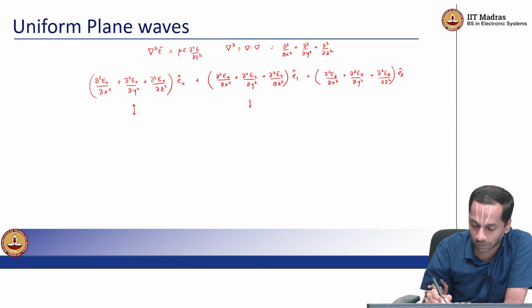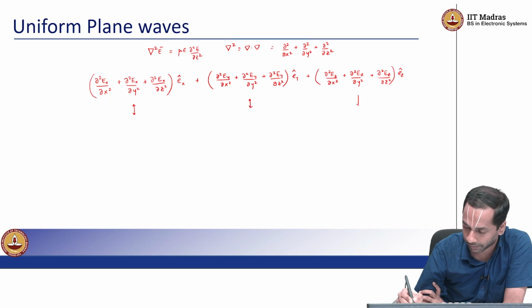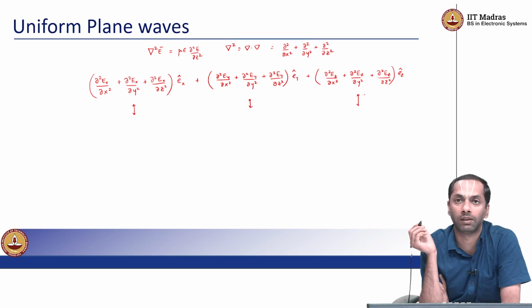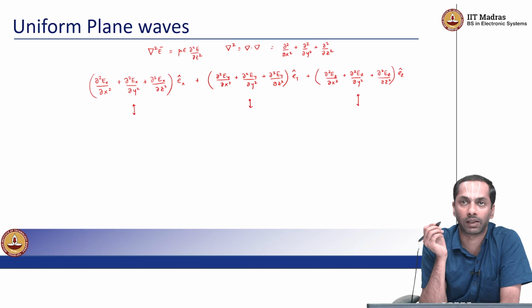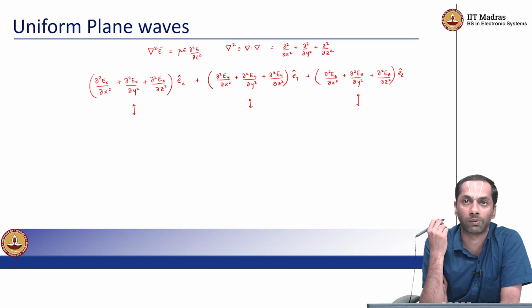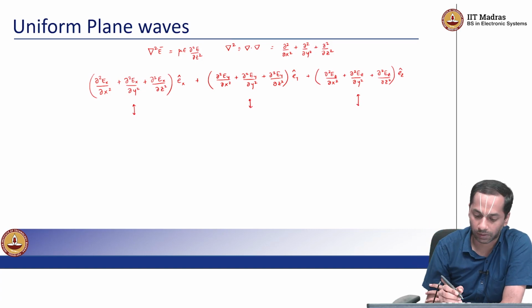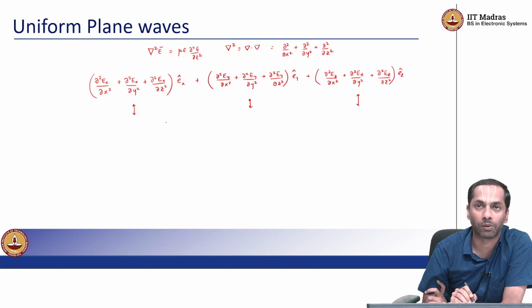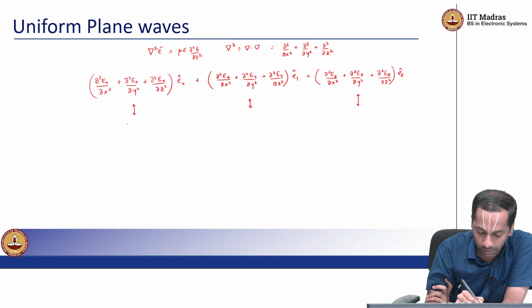So remember, every time you see a vector field being equated to another vector field, that essentially is giving you three individual conditions, right? So each of the Ex and Ey and Ez components I can equate, right? So this would simply be mu epsilon dou squared Ex by dou t squared.